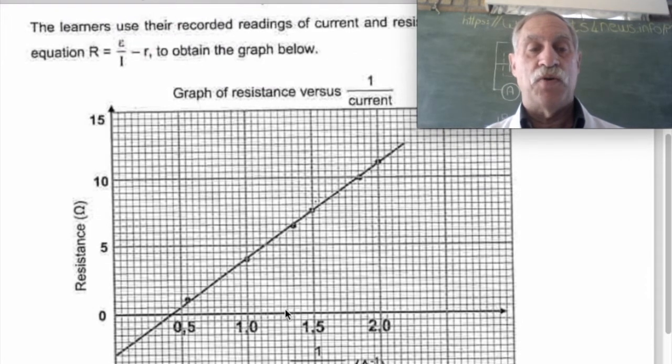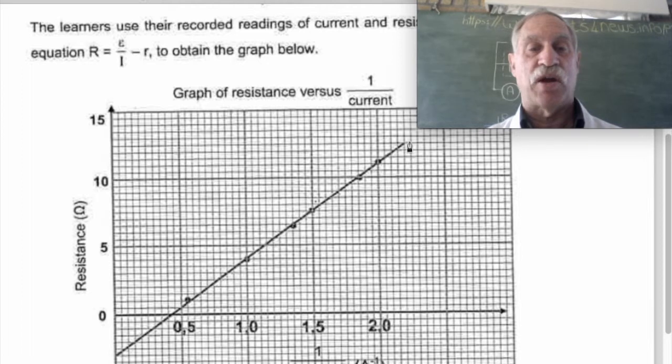Then they say, write down the value of the internal resistance of the cell. Now, from Ohm's law, the relationship between resistance and current is inverse, but the relationship between resistance and 1 upon current is directly proportional. That's why we get the straight line graph. But remember, as 1 upon current gets smaller, current is getting bigger.